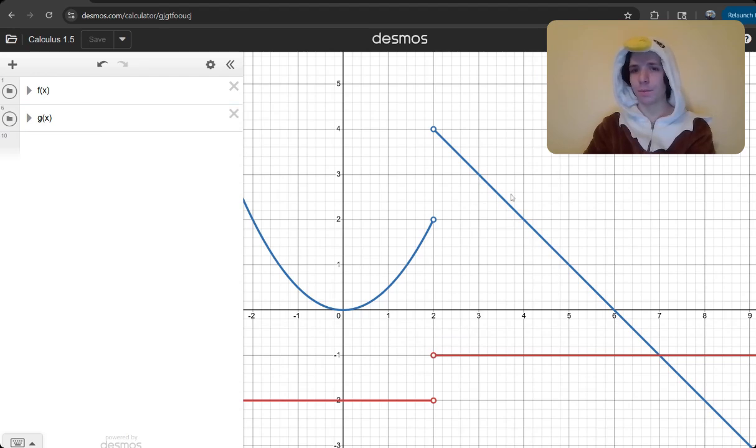And the limit from the right is going to be -1 times 4, which is also -4. So you'll notice that if you take the limit from the left and the limit from the right, they both approach a common value, which is -4. So this limit, f of x times g of x, as x approaches 2, actually does exist, and it's -4.